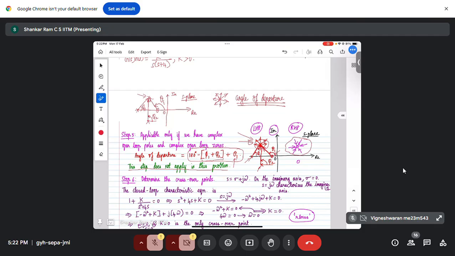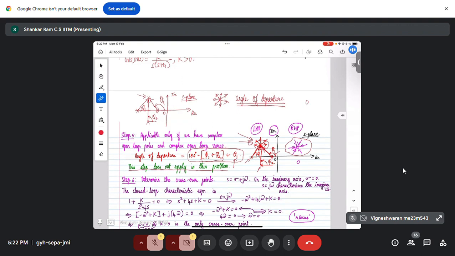Clear, sir. Similarly, as I told, in this particular example, this step does not apply because there are no complex open loop poles. Now, if we have an open loop zero which is complex conjugate, then one branch is going to end at the open loop zero. So the question is which direction it will come in.